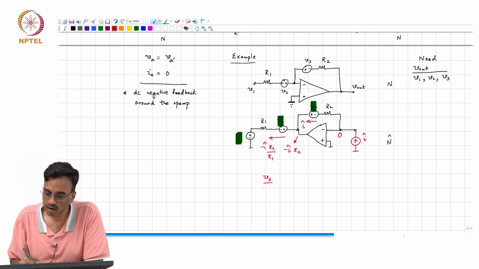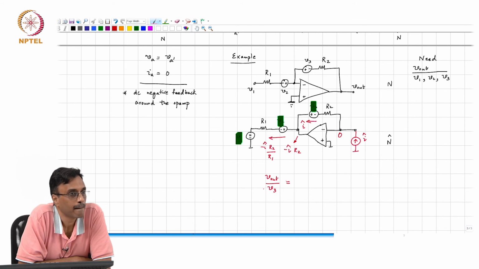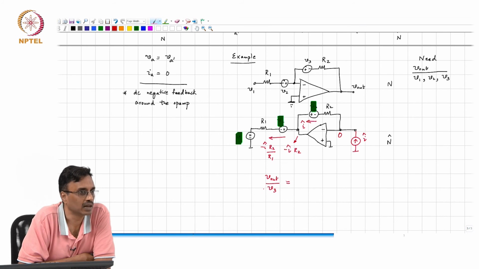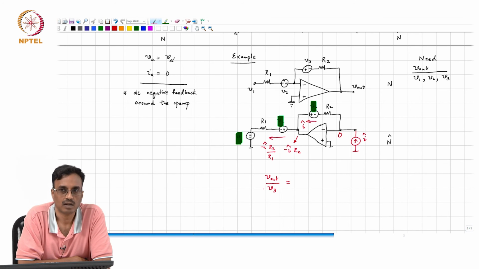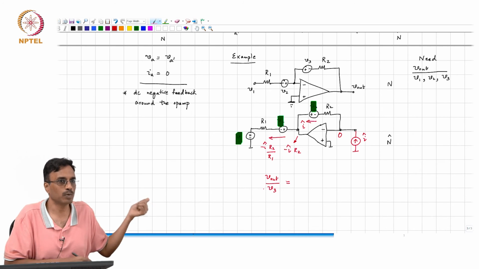So, what comment can we make about V out by V3 in the original network? It is simply the same as... Please think carefully and be careful about the signs. What is the direction of the current through the voltage source V3? So, V out by V3 in the original network is what in the inter-reciprocal network?